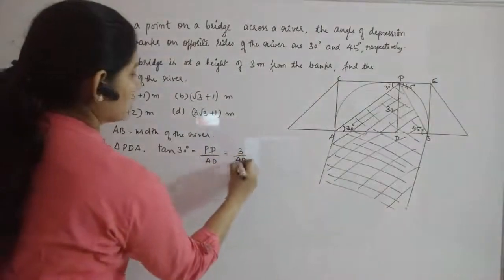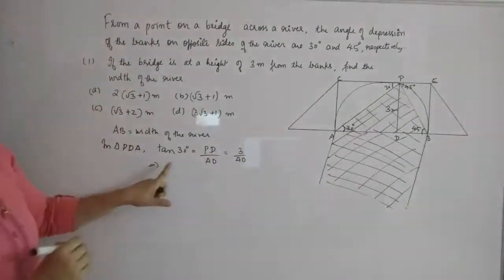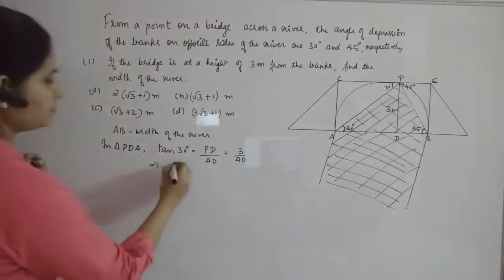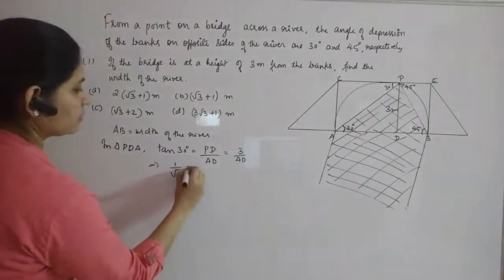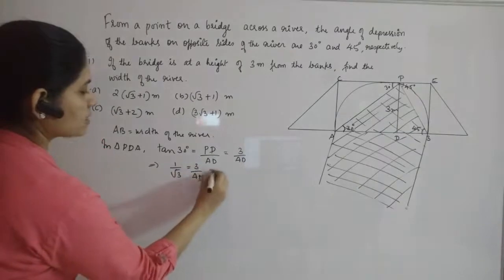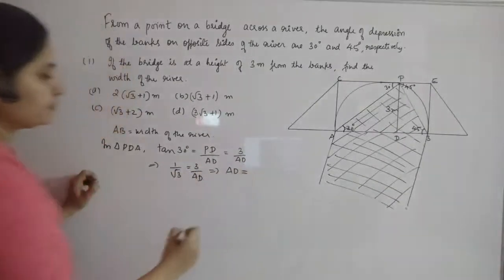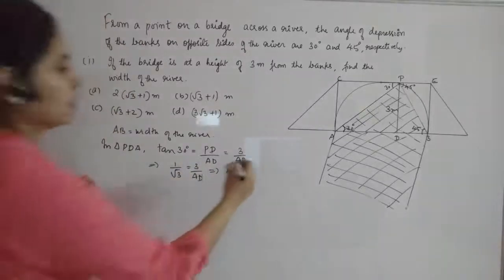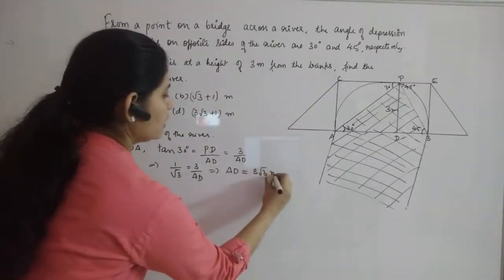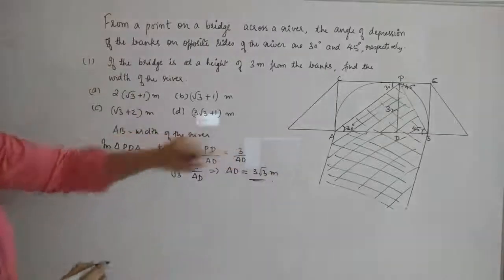So 3 by AD. Now what is tan 30 degrees? Tan 30 degrees is 1 by root 3, equal to 3 by AD. So AD will be 3 root 3 meters.